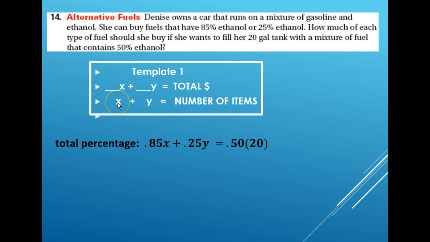We're going to have X plus Y equals 20, because that's the total number of gallons that her tank will hold. So X represents the number of 85% gasoline gallons. Y represents how many gallons of the 25% we need in order to have 20 gallons of the 50%, which is all represented here in this problem.